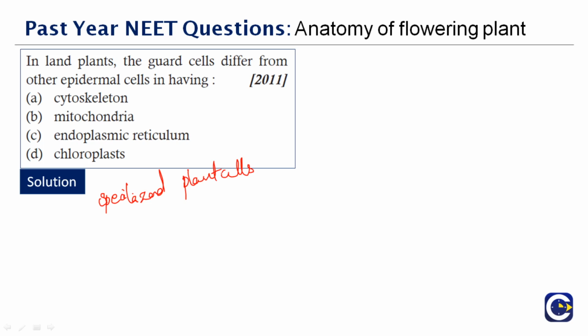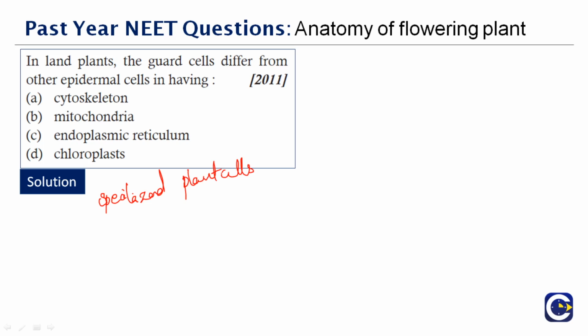Now, in land plants, the guard cells differ from other epidermal cells in having dash. The main thing is the presence of chloroplast. Guard cells differ from the epidermal cells in having chloroplast. The cell wall of the guard cells is not uniform. Inner walls will be thicker than the outer walls, and epidermal cells will be uniformly thin. So how do they differentiate the land plants' guard cells from the other epidermal cells?